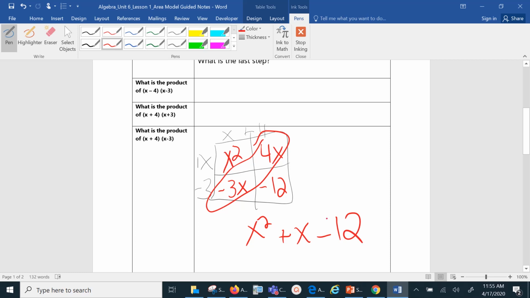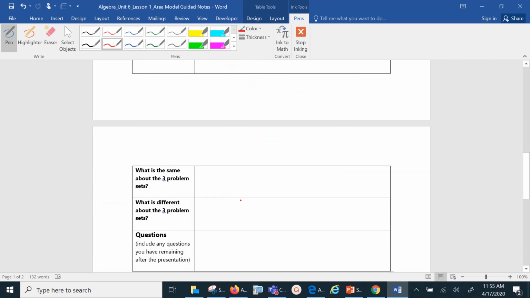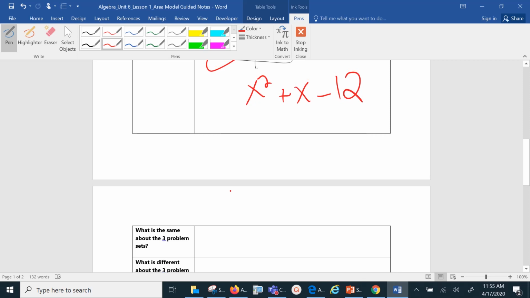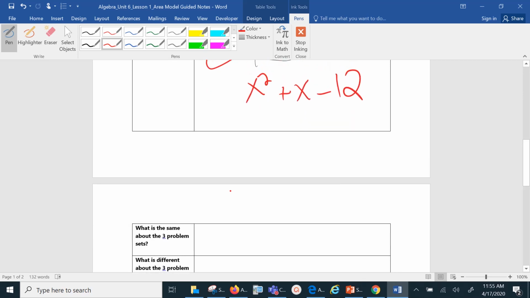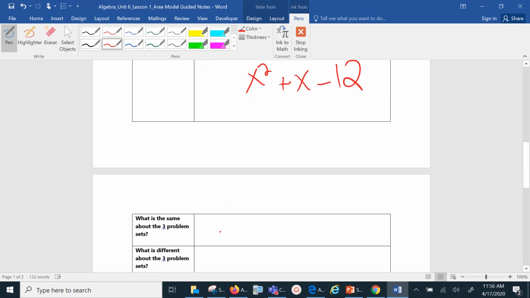So when we look at this, what's the same? We could say x squared is the same, right? It's in standard form, so it still has that same structure of an x squared, an x, and a number. You don't have to go crazy. Whatever you see that is the same. But what is different? Well, we see that the middle term changes depending on positive, negative.